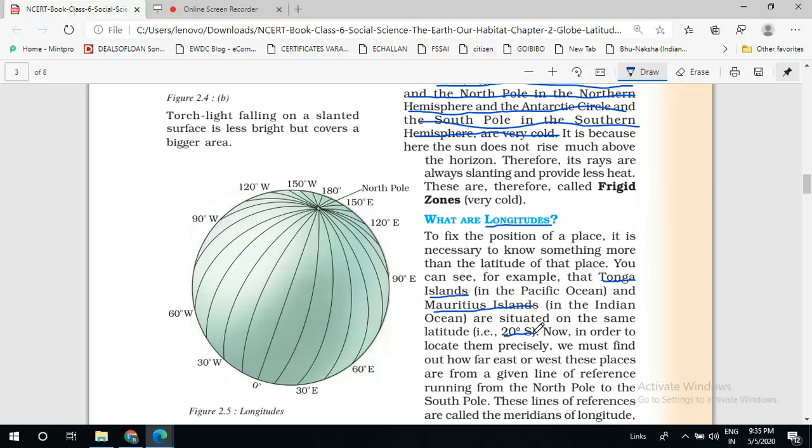By reference to this line, we can know how far east or west these places are. We are knowing only the latitudes. We are not knowing any line of reference by which we can say how far east or west a place is from that line. So this is the problem. If we only know the latitudes, we won't be able to locate that place precisely.